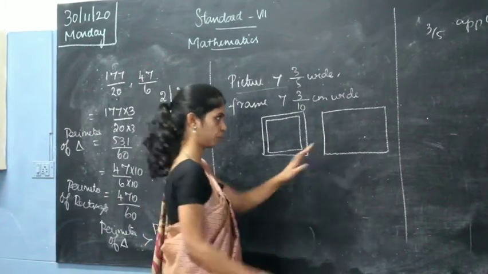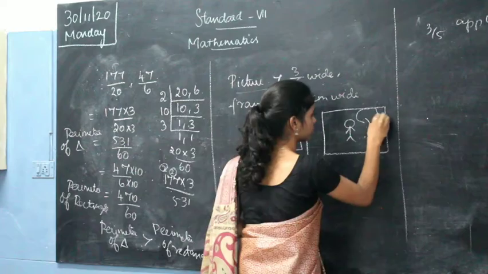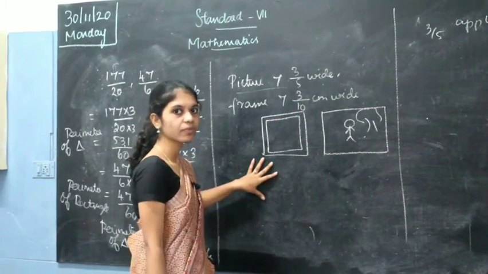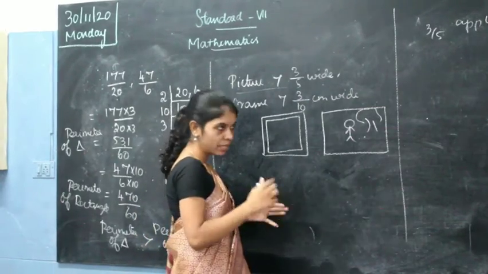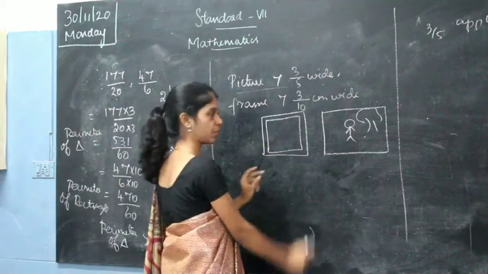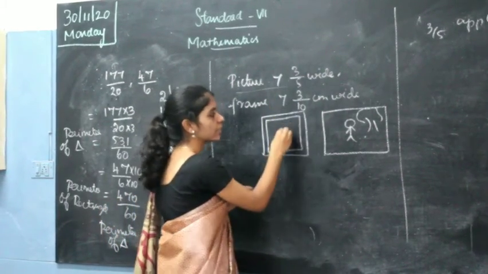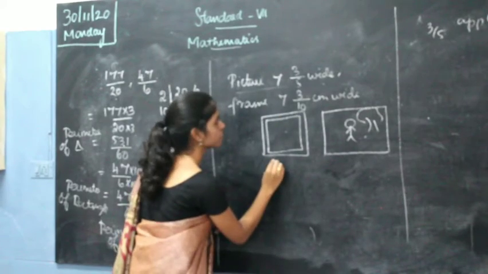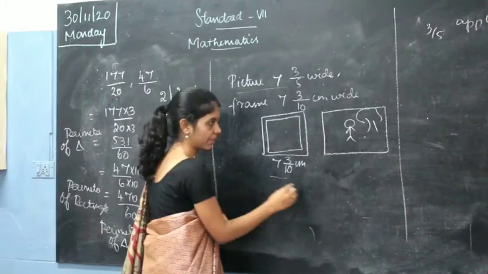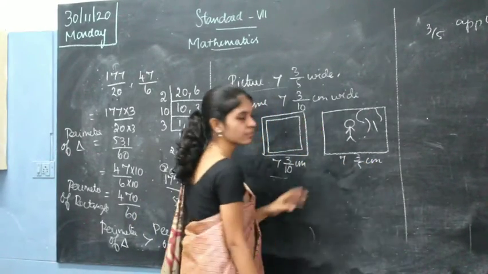So in order to put this picture into this frame, we have to find how much you have to cut so that this fits into this. Here you have 7 3 by 10 centimeter of the frame, and here you have 7 3 by 5 centimeter of picture.